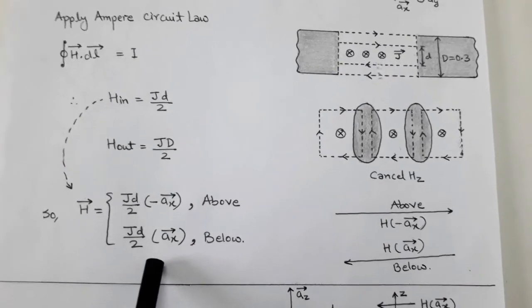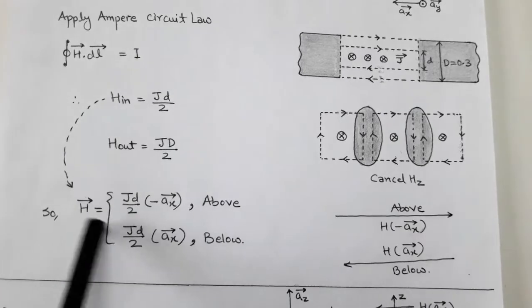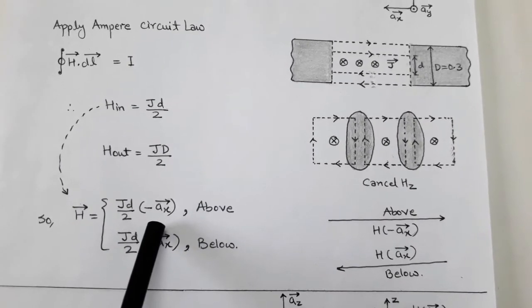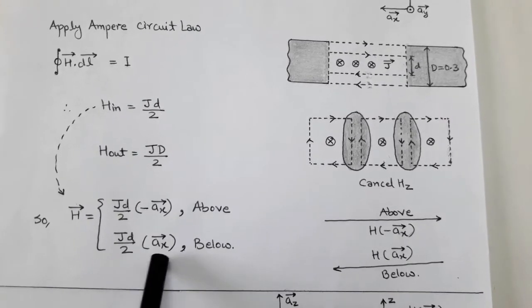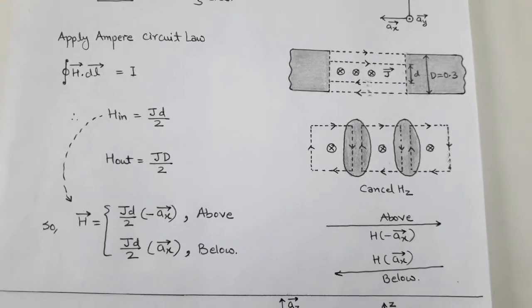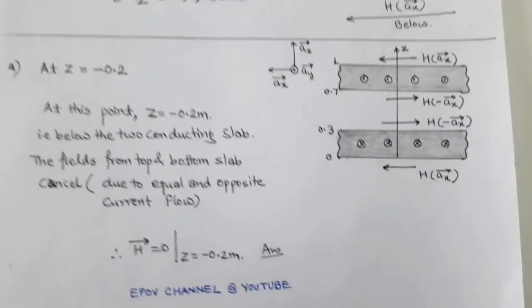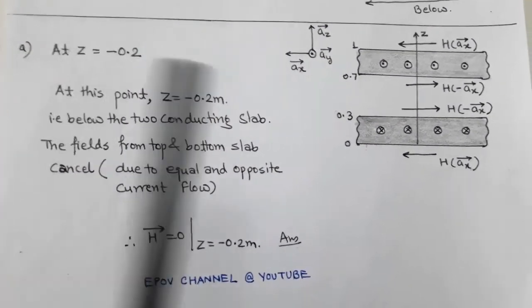So in this way we can write the magnetic field intensity H vector for the lower conducting slab, that is JD upon 2 into minus unit vector x for the above surface, and JD upon 2 unit vector x below the surface.